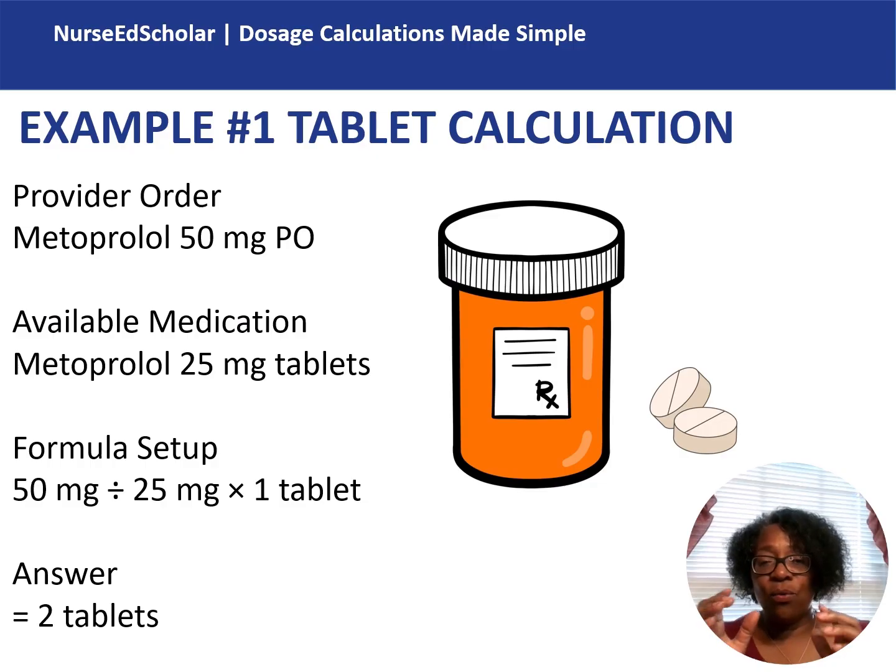When everything is able to cross each other out, that's how your problem is set up correctly. This is one reason why we really try to teach dimensional analysis, because it's kind of a checks and balances. Everything in the numerator matches the denominator and they cross themselves out. The only thing that should be left is what you're looking for.